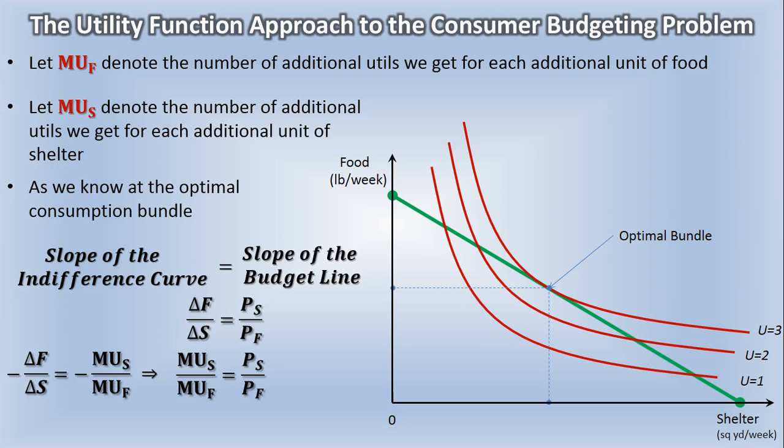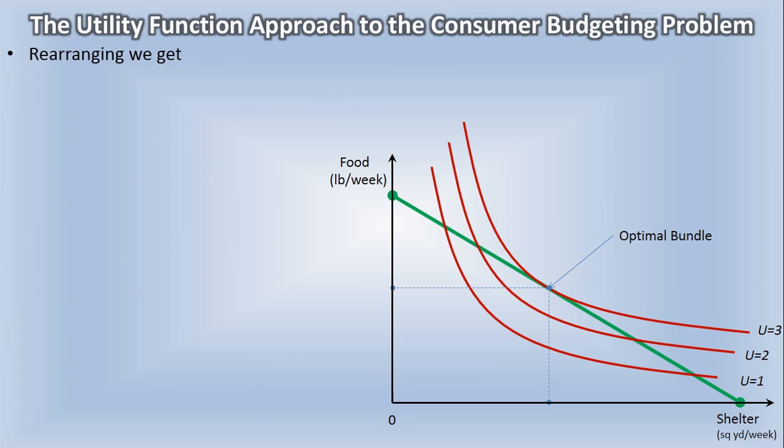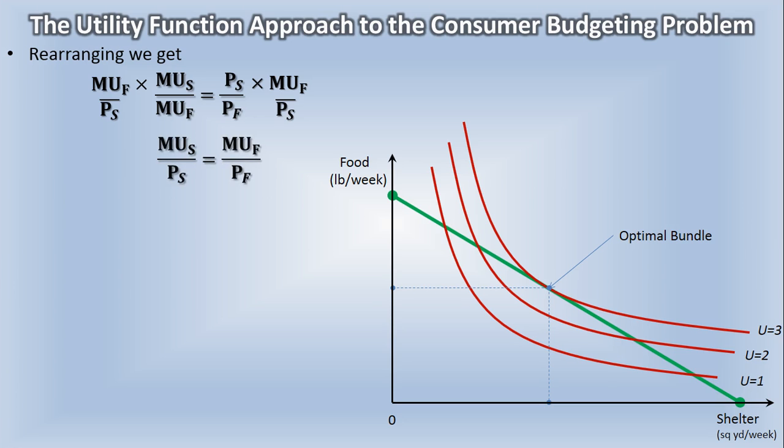They're tangent at a point where their slopes are equivalent. So rearranging that expression, if we multiply both sides by the marginal utility of F to get that on the right, and then divide both sides by the price of S to get that on the left-hand side, we wind up with this expression here.